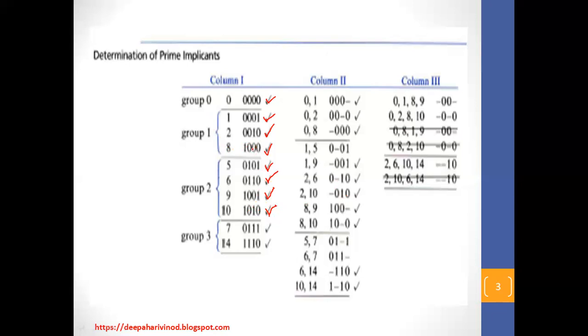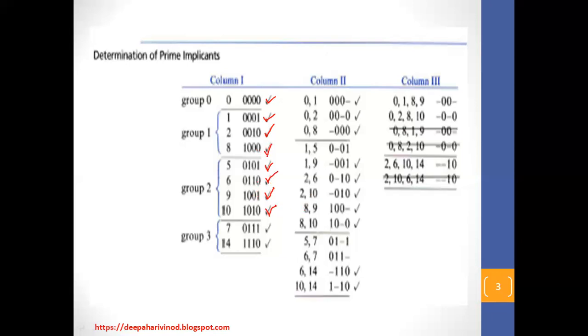Next remaining in this group is 8, and it should be compared as well. First let me check 8 and 5. We cannot compare them. 8 and 6 is not possible because more than one bit changes. 8 and 9: yes, they can be compared.